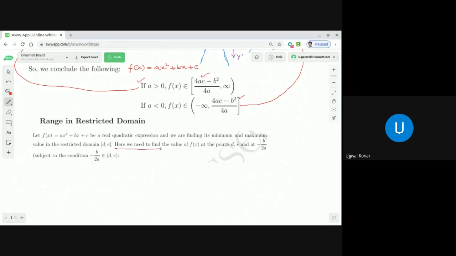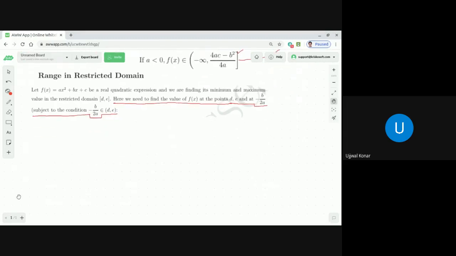So here we need to find the value of f(x) at the point d, at the point e, and at the point minus b by 2a, subject to the condition that minus b by 2a belongs to the open interval d comma e, that is our restricted domain. So what we are going to perform here, dear students, is a very, very simple step. So we need to first find these three things as I discussed.